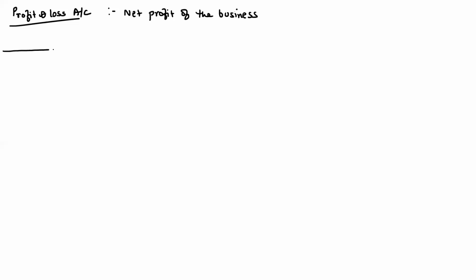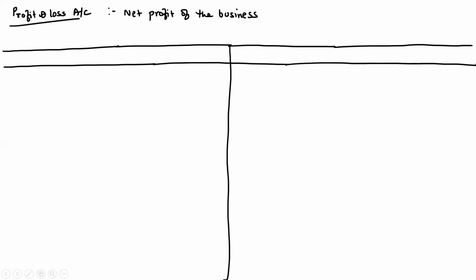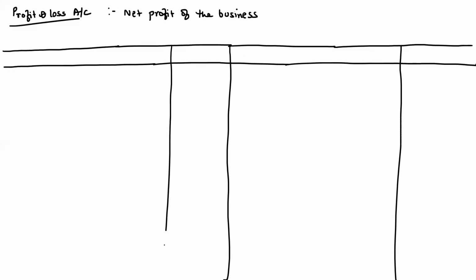So for this, we are going to make an account. Okay, this is your profit and loss account. Exactly the same way you have to draw this the way you were making trading account. Left side debit, right side credit.